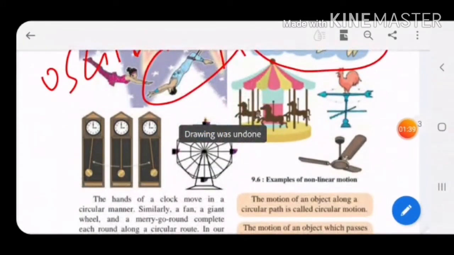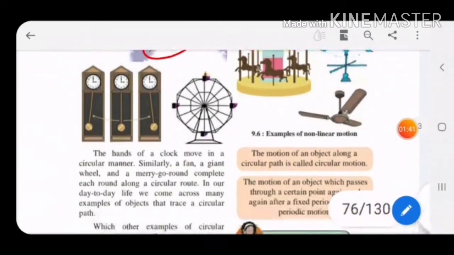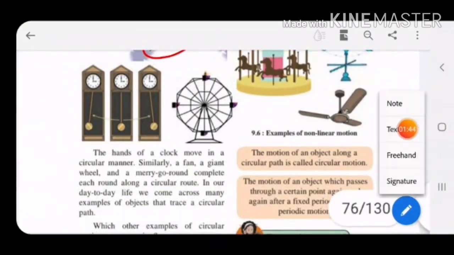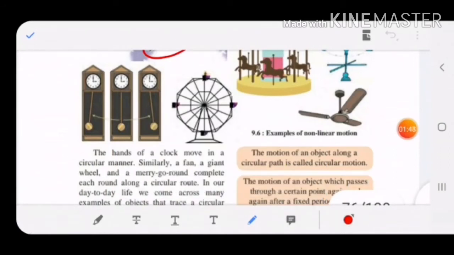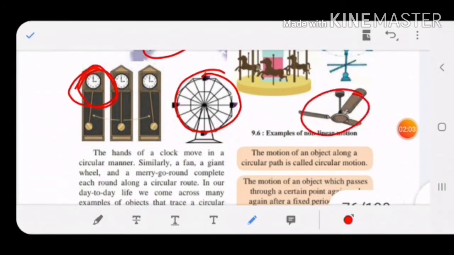Now let us start with the next motion, that is circular motion, the second motion after oscillatory motion under non-linear motion. See here children, the hands of a clock are moving in a circle. This is a merry-go-round. It is always in a circular manner. The fan is also moving in a circular manner.